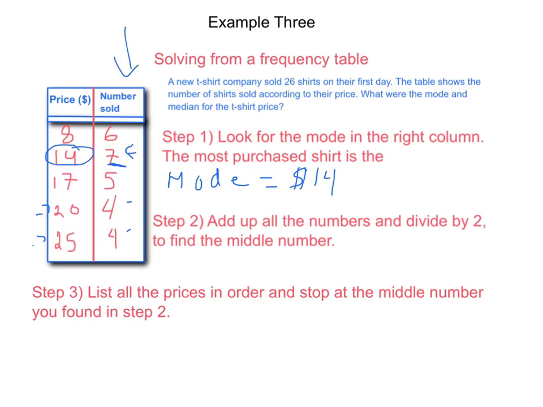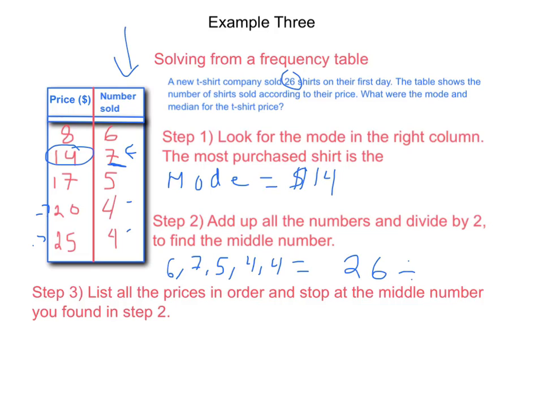Now it says add up the numbers and divide by 2 to find the middle number. Well, we know that if we were to put the numbers together, right, we have 6, 7, 5, 4, and 4. Well, guess what? All that added together gives us the original 26 they were talking about up here, because 26 shirts were sold.